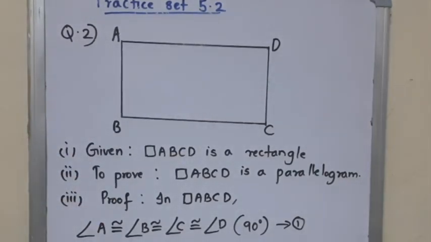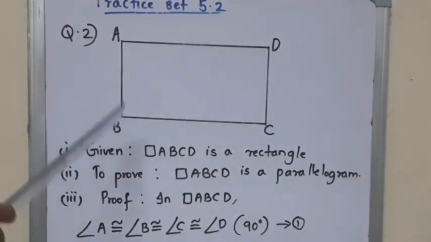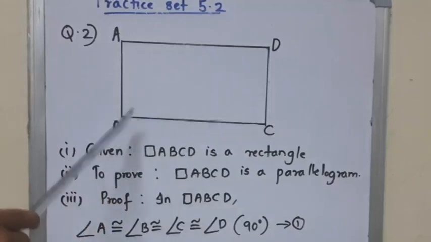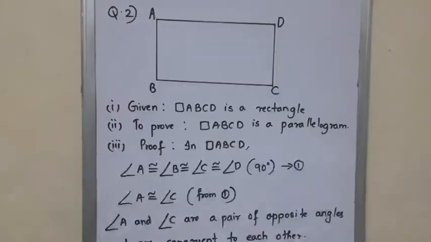If the opposite angles are congruent, then we can say that the quadrilateral is a parallelogram. Now we know it is a rectangle, which means all the angles of the rectangle are 90 degrees. Therefore, we have written angle A congruent to angle B, congruent to angle C, congruent to angle D, because 90 degrees. Let it be equation number 1.